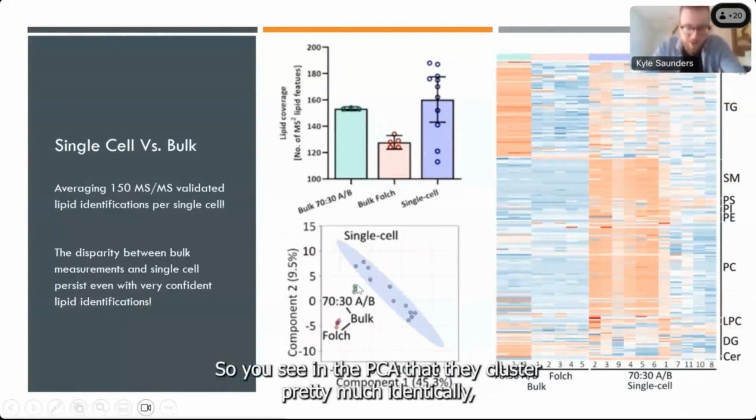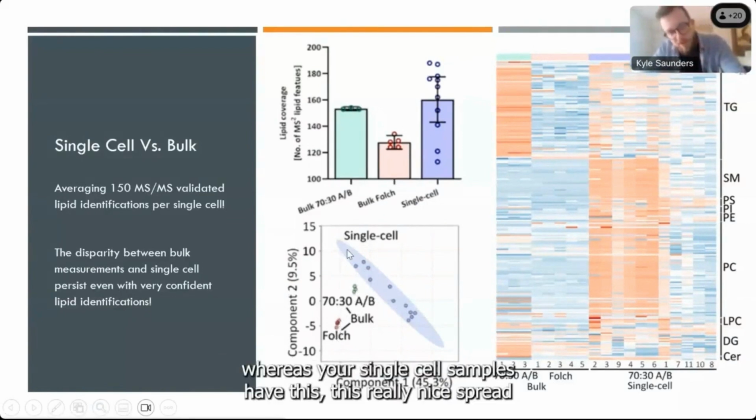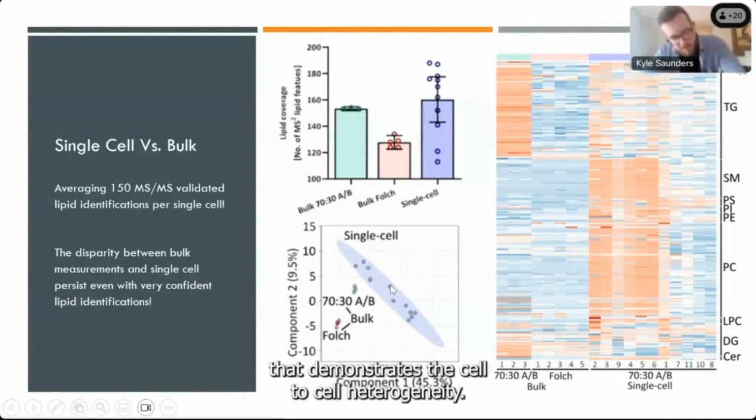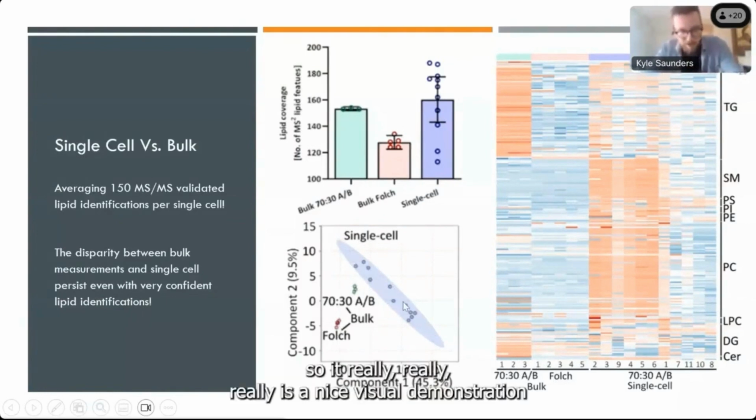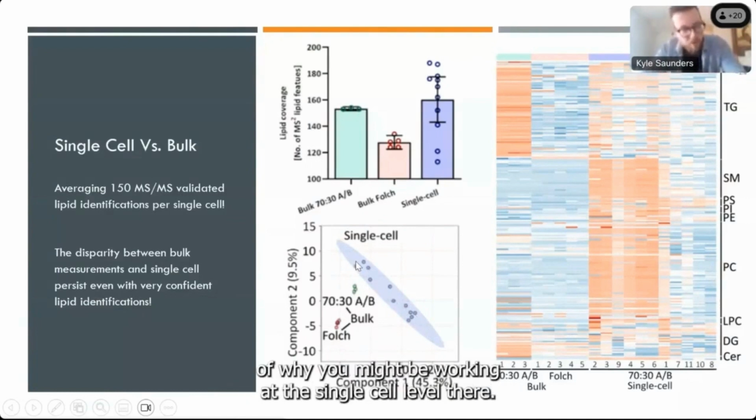So you see in the PCA that they cluster pretty much identically, whereas your single cell samples have this really nice spread demonstrating the cell-to-cell heterogeneity. So a really nice visual demonstration of why you might be working at the single cell level there.